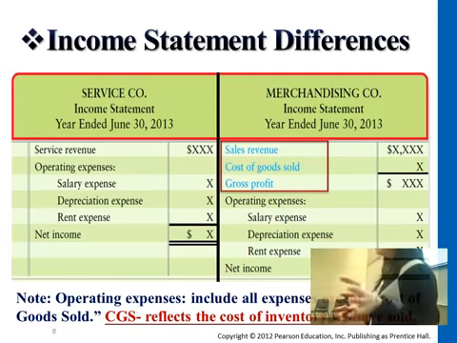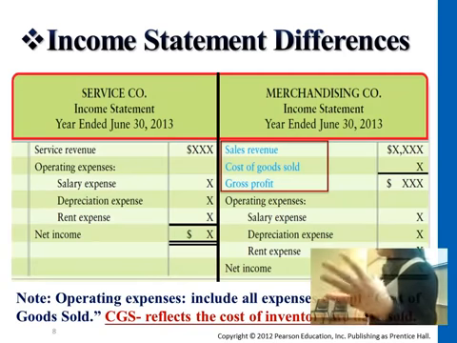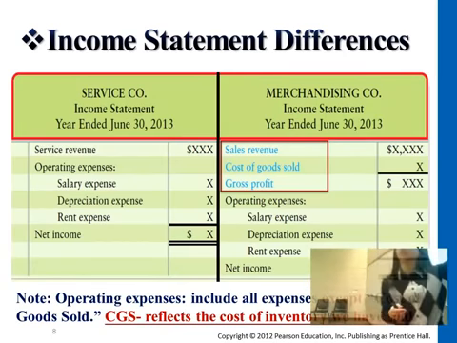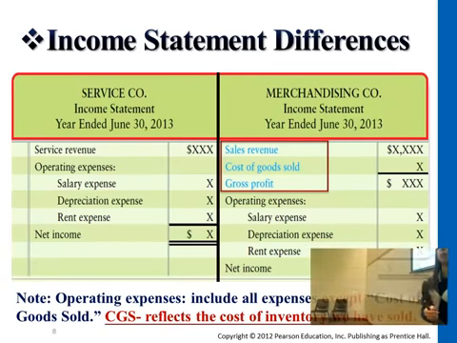Again, the cost of goods sold amount will be a lot larger than all the other operating expenses, because remember, this is the inventory cost. This is the main approach by which this company gets profit. So we want to know the gross profit first for this type of business, and then subtract all the relatively minor operating expenses.